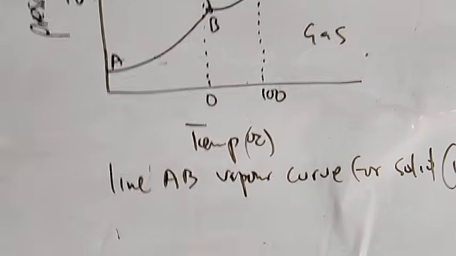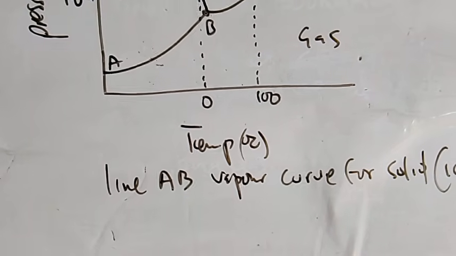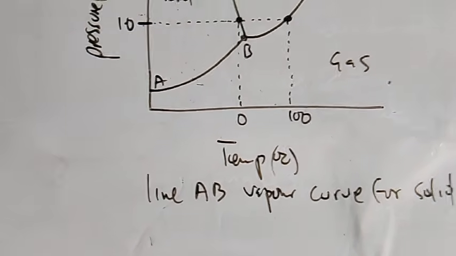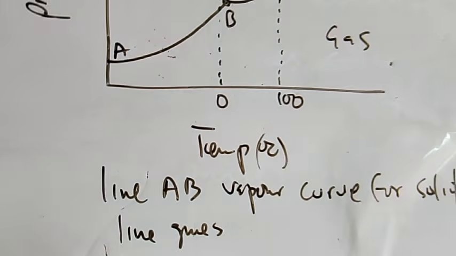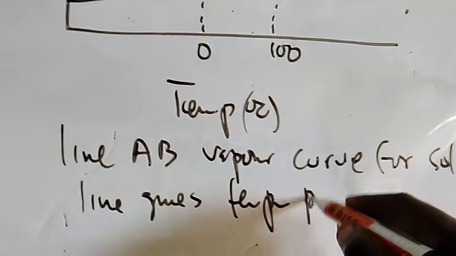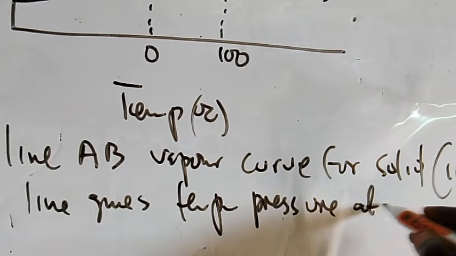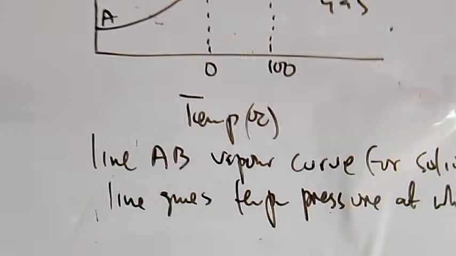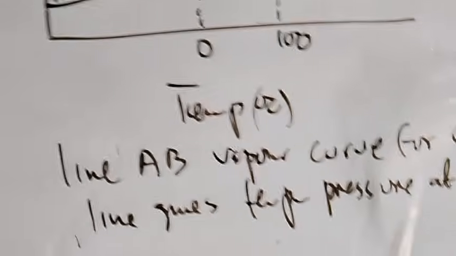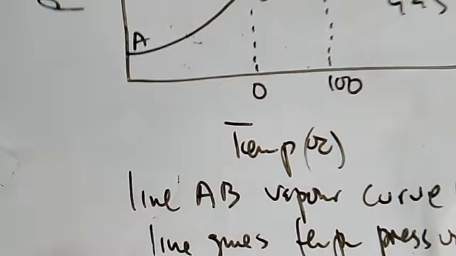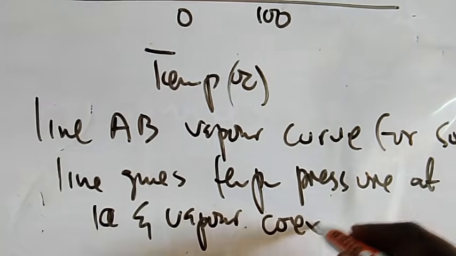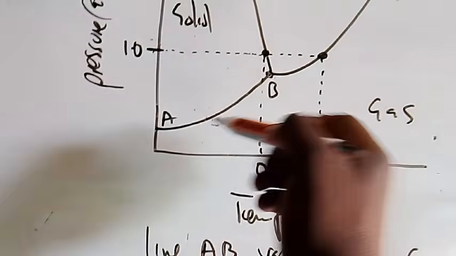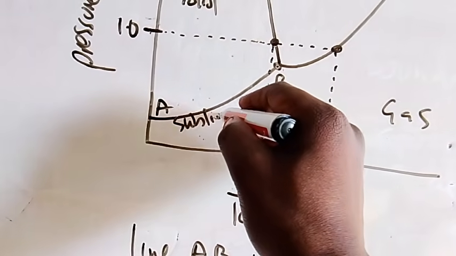So line AB gives the temperature and pressure points at which ice and vapor coexist. So this is a sublimation line.